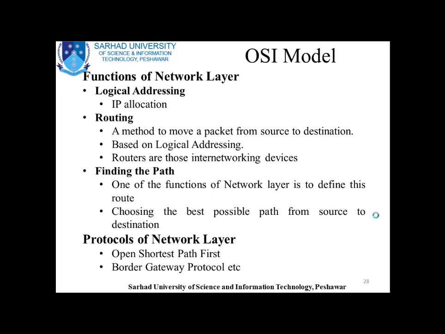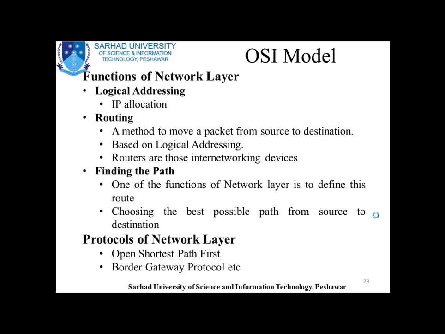So it includes the routers that are interconnected in inter-networking devices. So here comes the part of hardware that I told you about in the previous part of the lecture, that in the last three layers there is mostly a combination of software and hardware. So here comes the router, which is a hardware device.